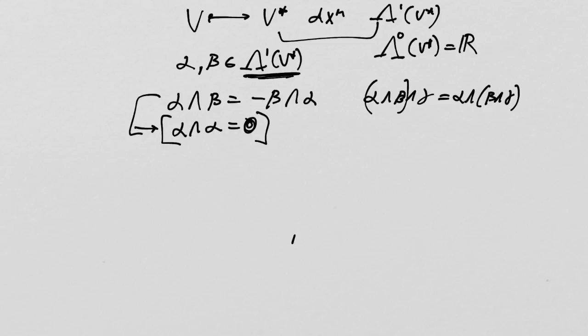Between those two and associativity, we know that any string, alpha wedge beta wedge gamma wedge delta, in any string of wedge products of one forms, whenever any two are the same, no matter where they are in the string, this combined with this will allow you to realize that this thing is going to be equal to 0, right? Whenever any two are the same, you're going to get the whole wedge to be 0.